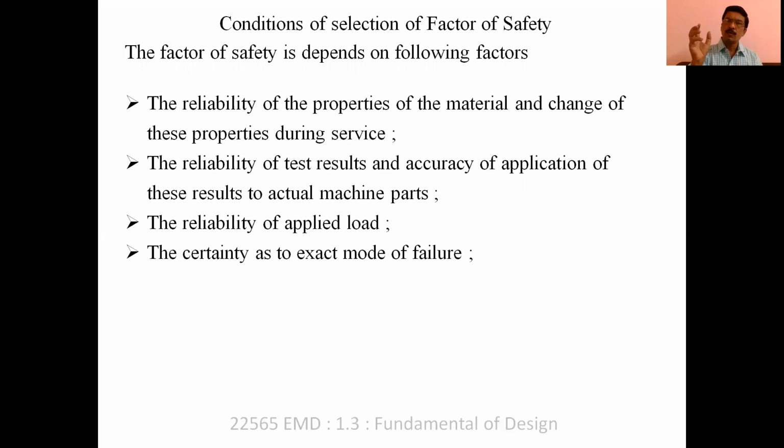If you know the exact mode of failure, whether it may be tensile failure, compressive failure, shear failure, bending, or combined, you can go for a less factor of safety. Otherwise, on the safer side, you go for more factor of safety. So that is one more consideration.